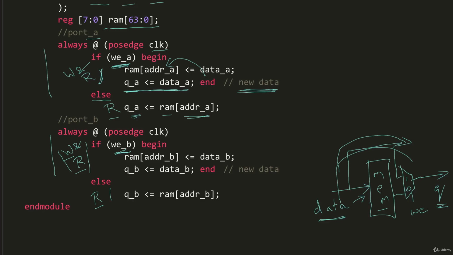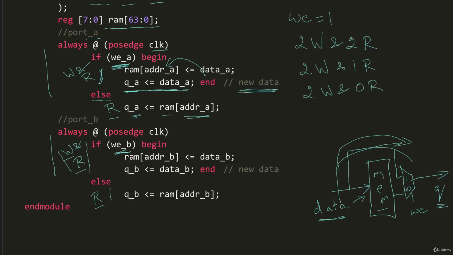So your memory is capable of doing, say, if we take this case, say write enable is equal to 1, then you can possibly do 2 writes and 2 reads, or 2 writes and 1 read, or 2 writes and 0 read.